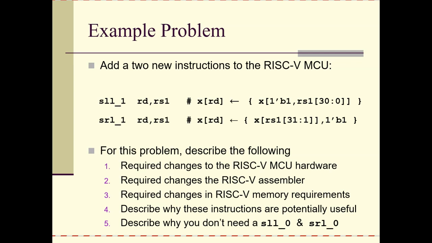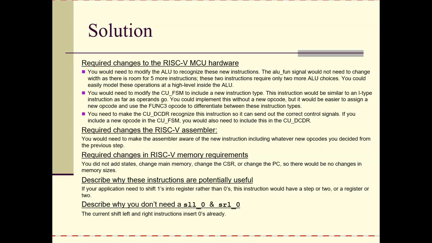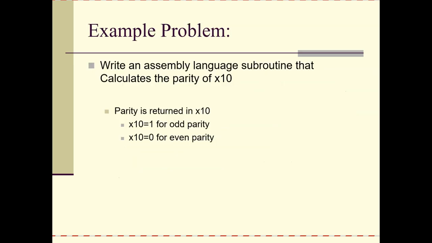So this is an example problem, and it's actually done in another video. I've left it in here simply because the solution is here and it's not in the other video. So here is a viable solution. But what I wanted to do is go on to this next problem, and essentially this is a problem that calculates the parity of a value in X10, and that parity is returned in X10.